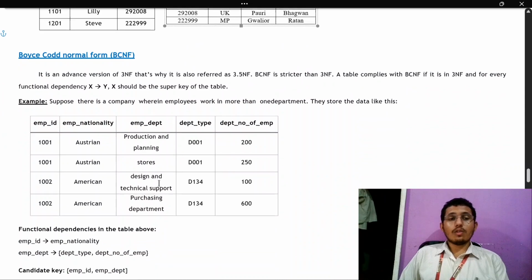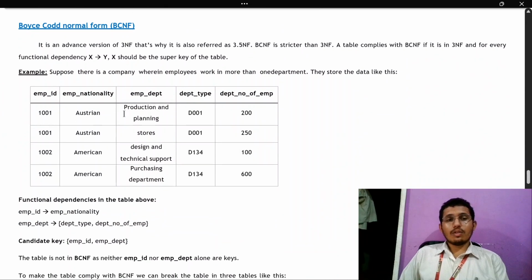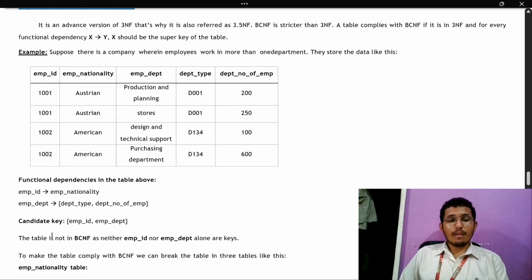The next one is Boyce-Codd normal form. It is the advanced version of 3NF, also called 3.5NF, and it is stricter than 3NF. A table is in BCNF if it is in 3NF and for every functional dependency X to Y, X is a super key. Here, let's take the example. The functional dependency is emp nationality, department to department type.